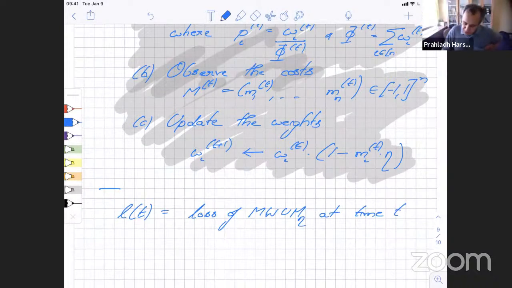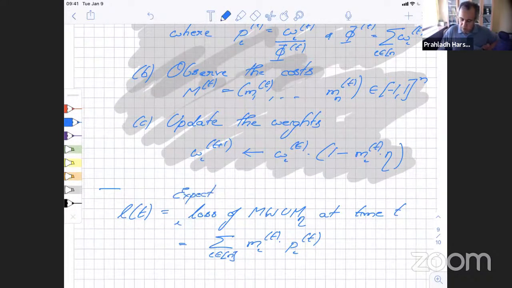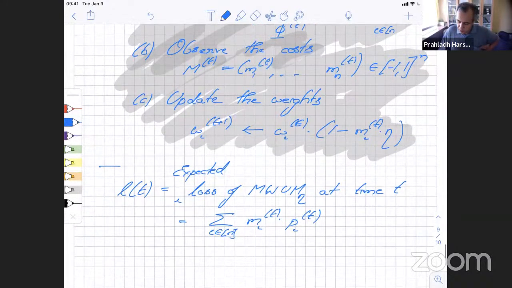So notice that this is just the summation over i in n of MIT dot PIT. That's the expected loss. This is the vector MT, the inner product of these two vectors, MT and PT.